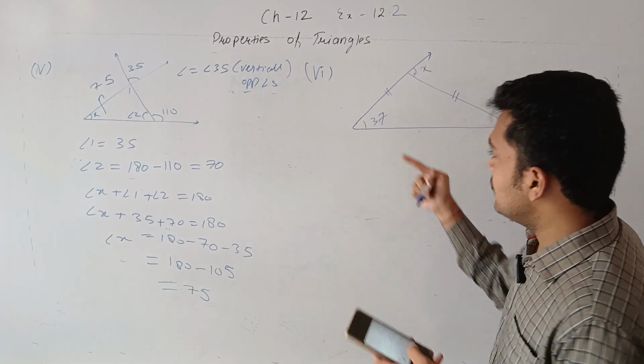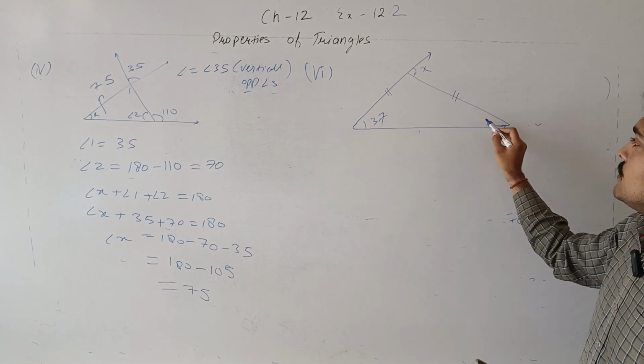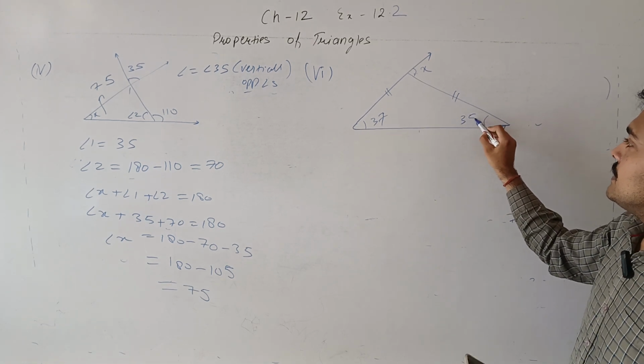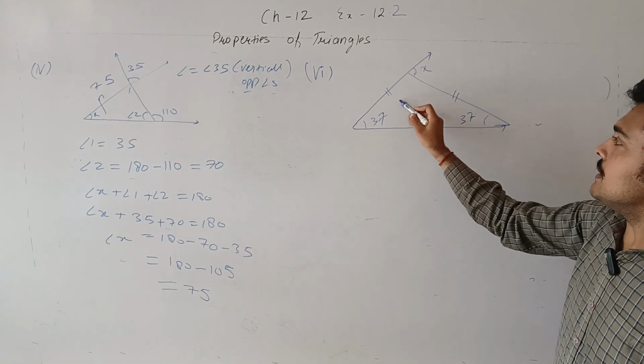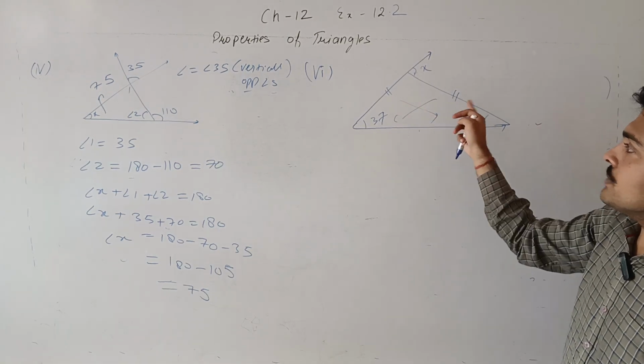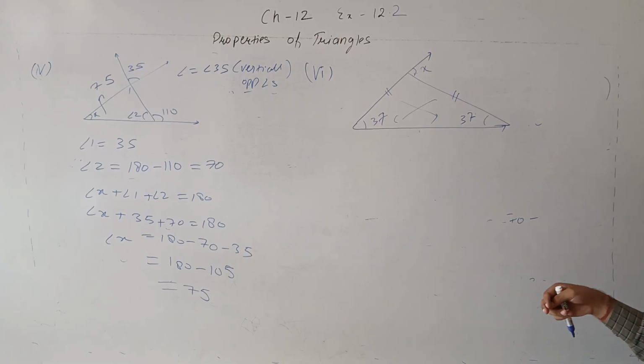If this angle is 37, then angle 1 is also equal to 37. Why? Because these two sides are equal, and these are the angles opposite to the equal sides.